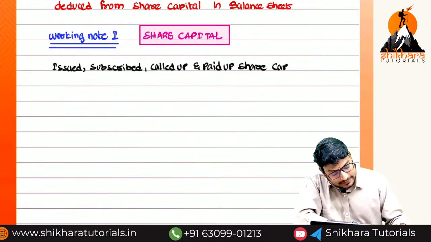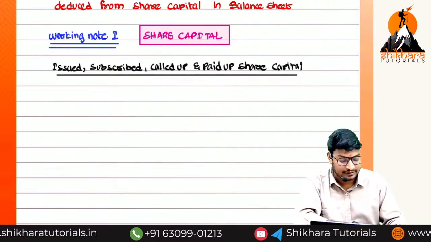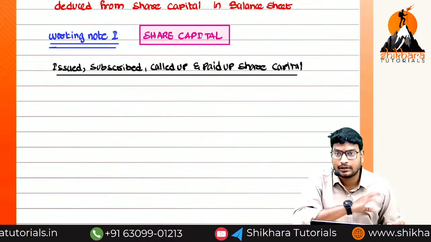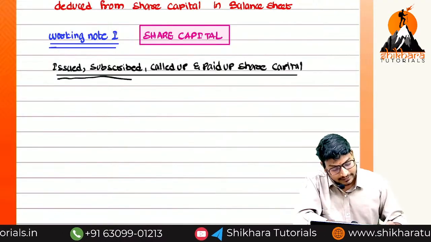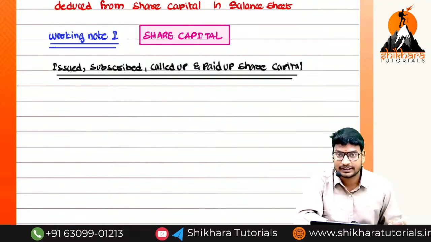You will understand these meanings after discussing this working note. I will explain what is the meaning of issued share capital, subscribed share capital and all the things. You have to remember in this manner only we have to represent working note number 1 related to share capital.